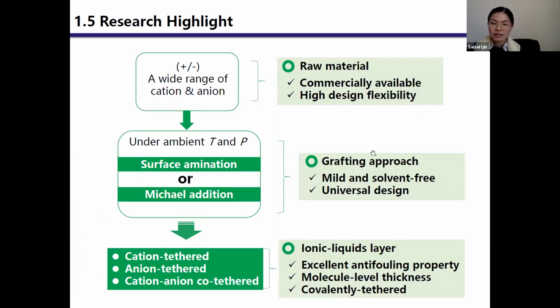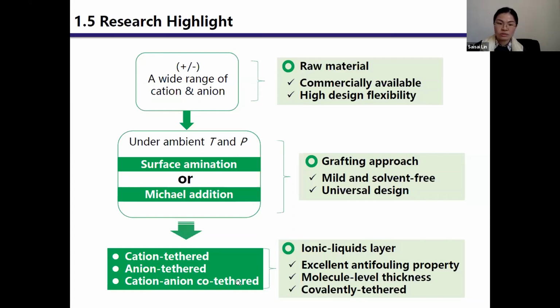For the grafting approach, we designed surface amination or imidization. Both are very mild and can be carried out under ambient temperature and pressure, so it is a mild and solvent-free process. For the ionic liquid layer, we can design a cation layer, an anion layer, or a cation and anion layer.